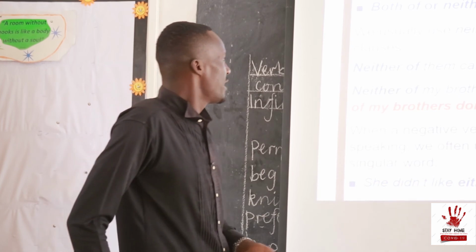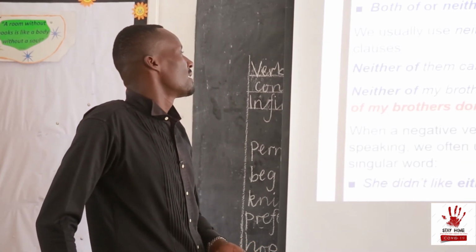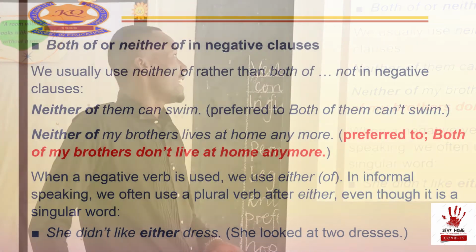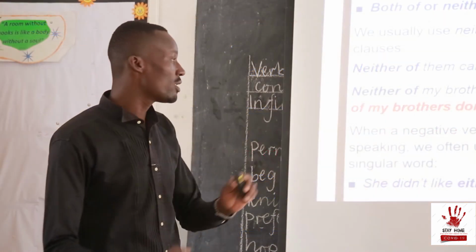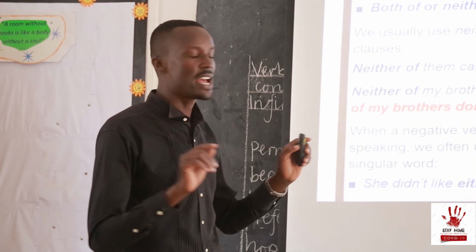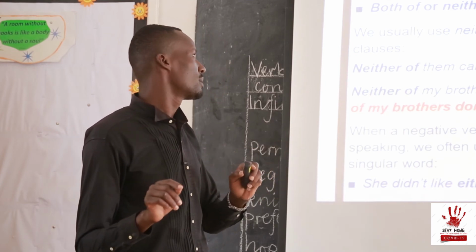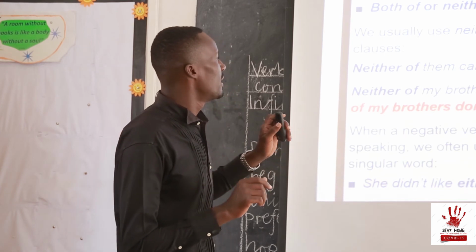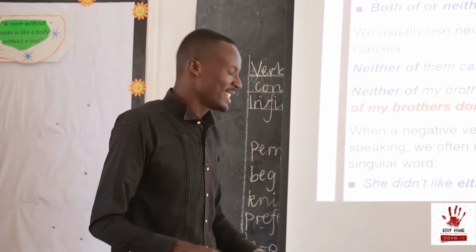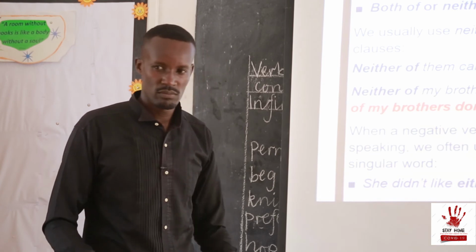The last point here is the use of both of and neither of. When the sentences are negative, we don't use both of. Instead of using both of, we use neither of. So we cannot say that both of us didn't go.